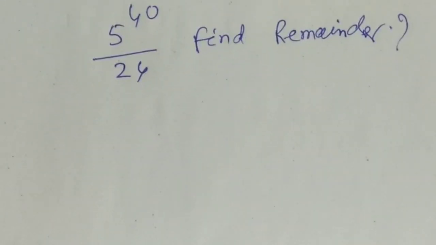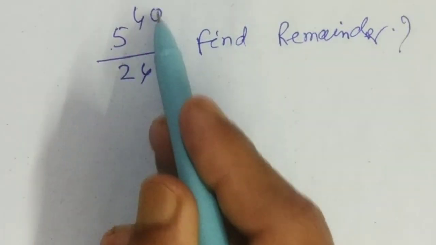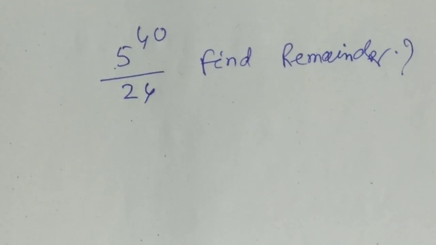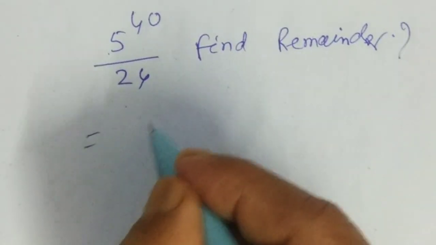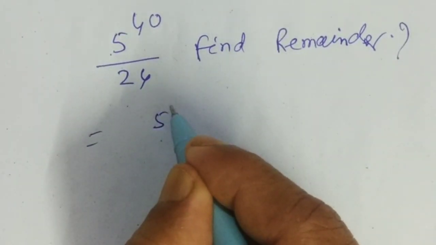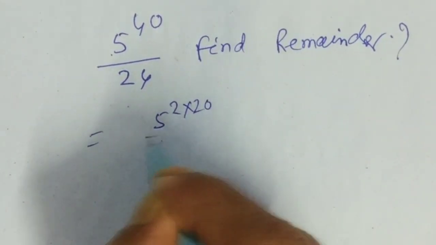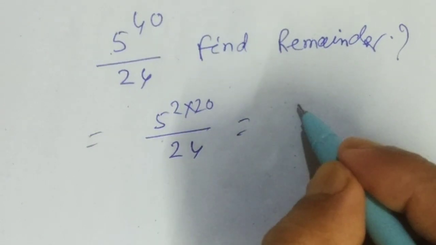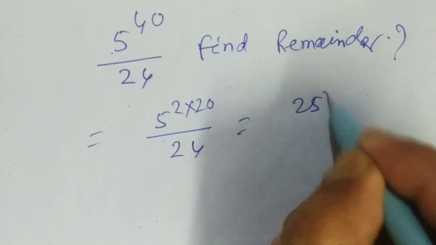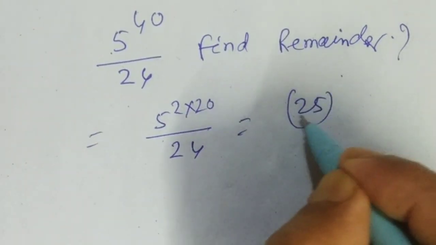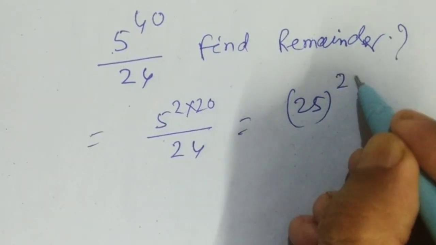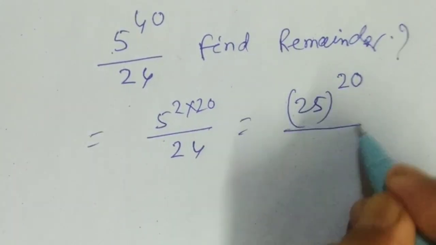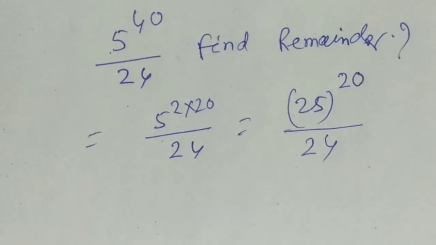So we will write this as 5 to the power 2 into 20 divided by 24. And we can say 5 to the power 2 is 25. Then 25 to the power 20 divided by 24.